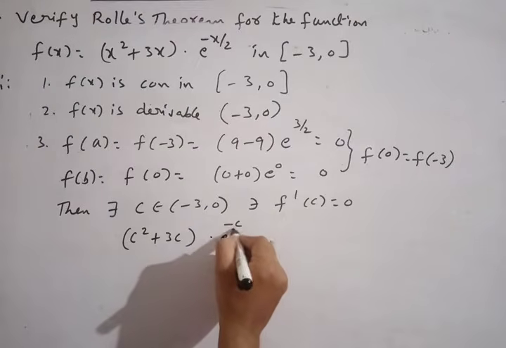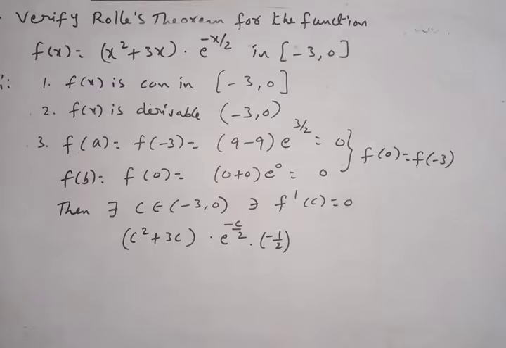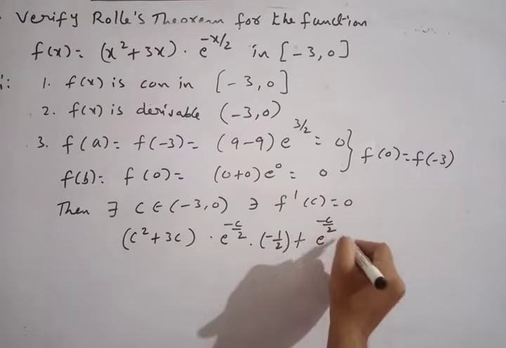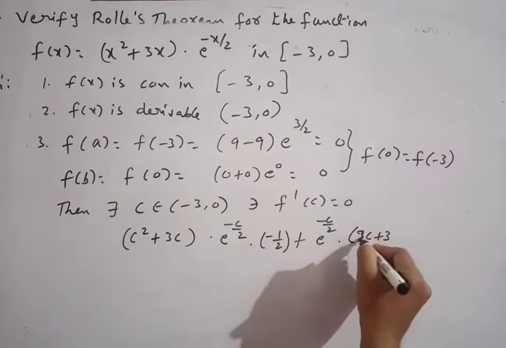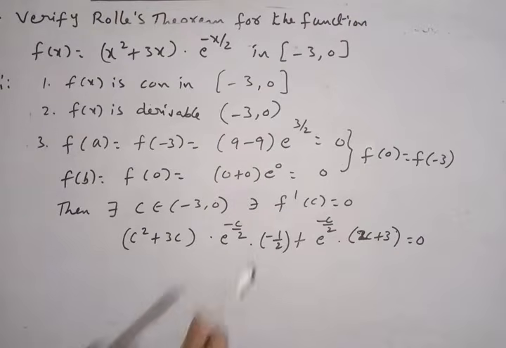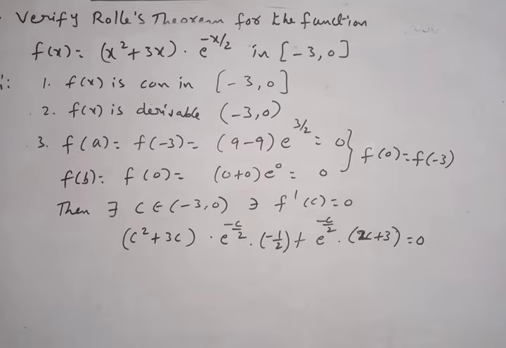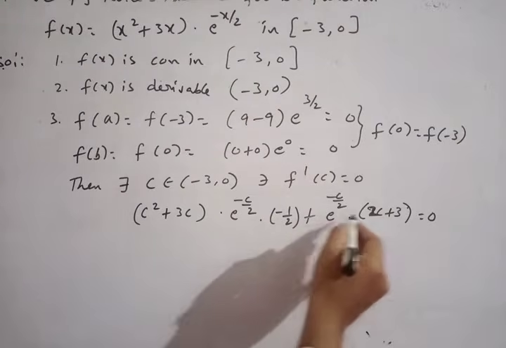Differentiation is e^(-c/2) into the chain rule, differentiation of -c/2 is -1/2, plus e^(-c/2) into the differentiation of c² + 3c, which is 2c + 3. So take e^(-c/2) out common and send that side, it will get 0.